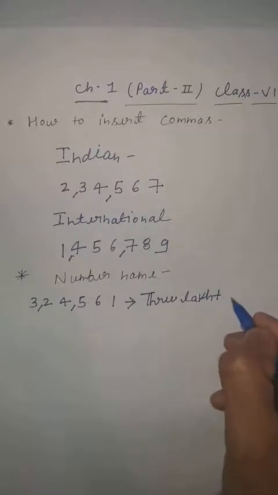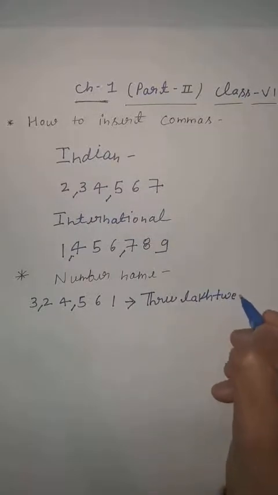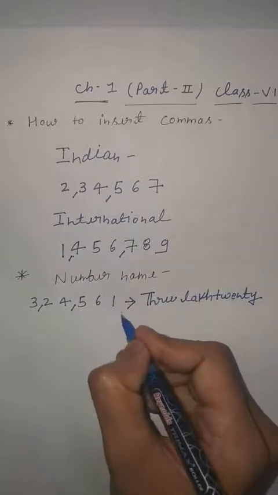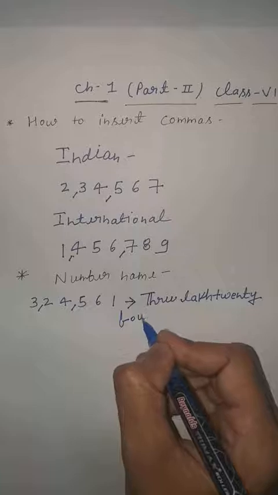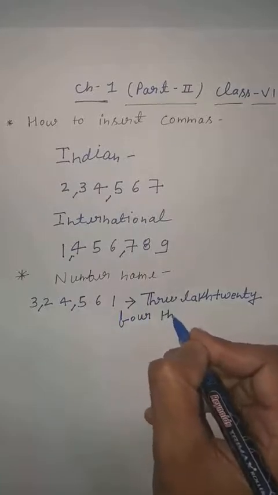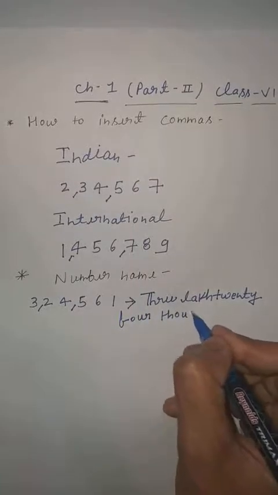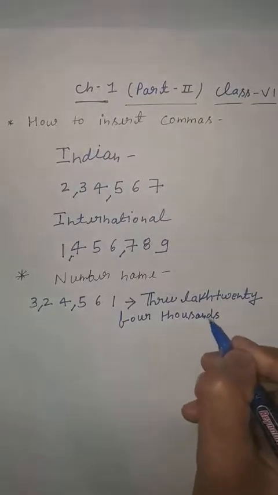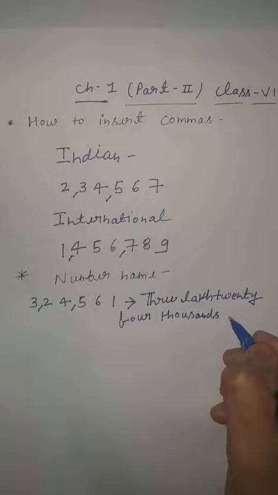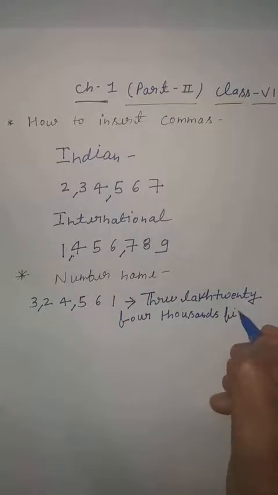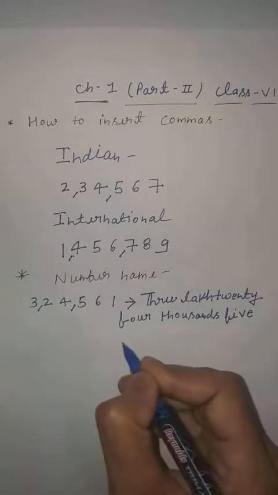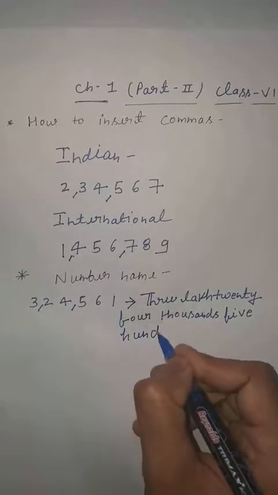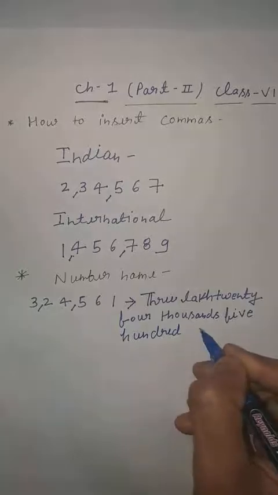So 3 lakh, 24 thousand, and next is 561.